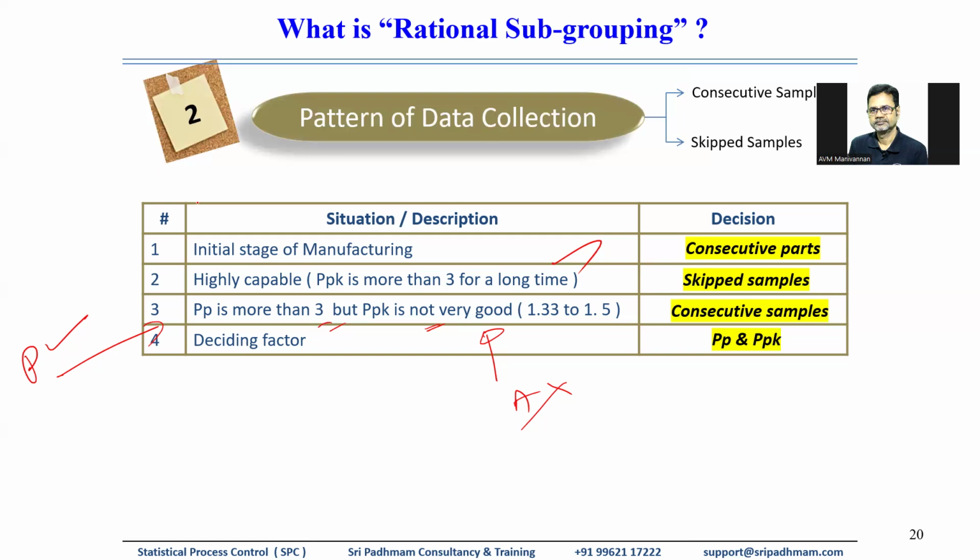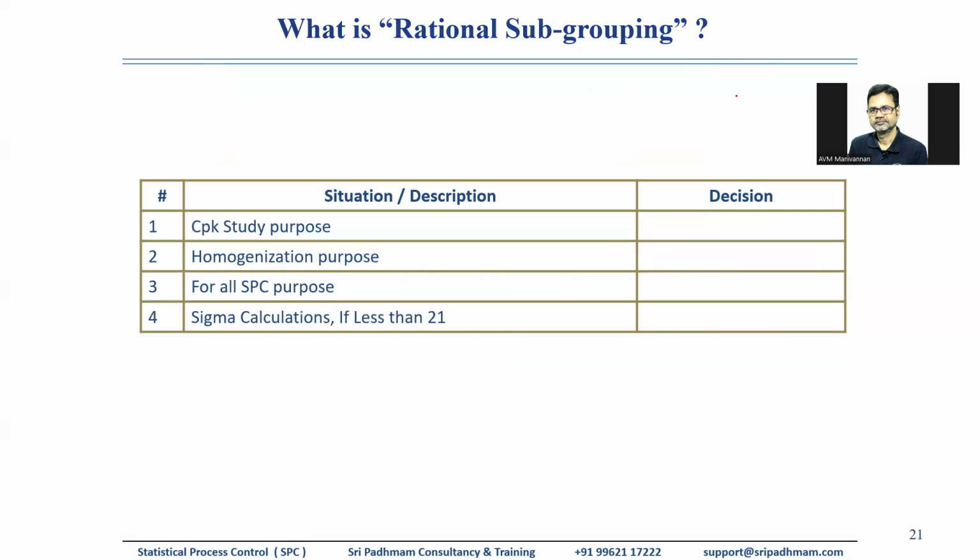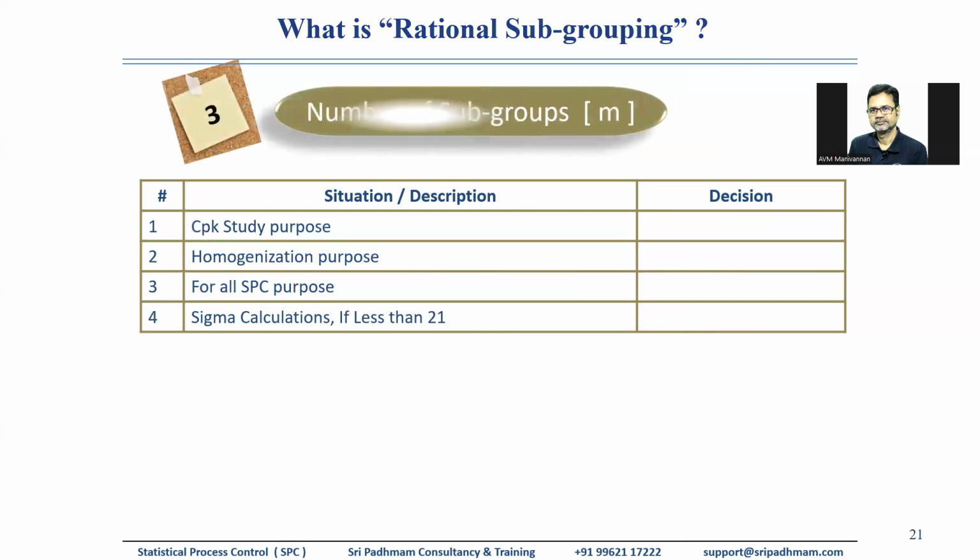This is answering the second question, whether I can go for consecutive samples or skipped samples. Third one, we all know very well. What should be my m? For all, the CPK, you can consider this as PPK, so it doesn't matter. Long-term study. Ideally 25, or at least 21.